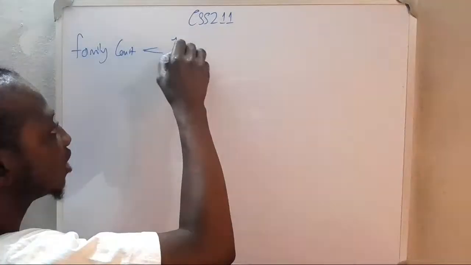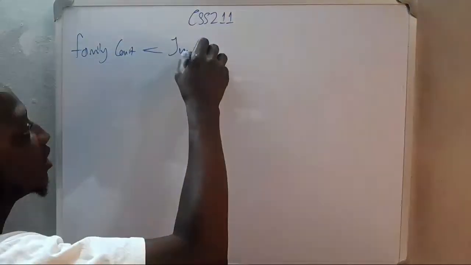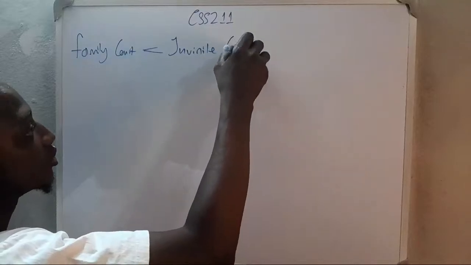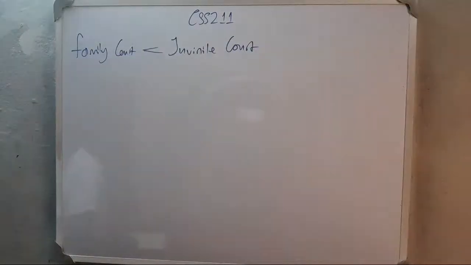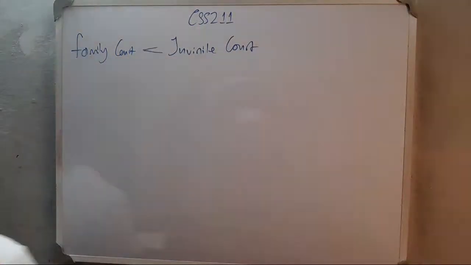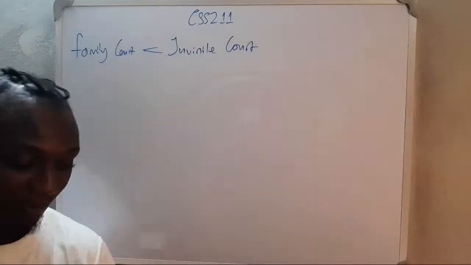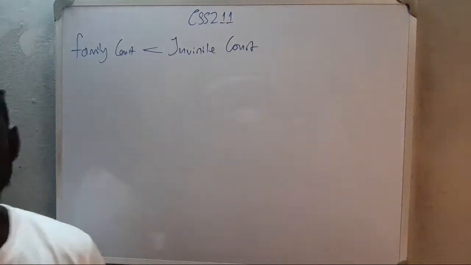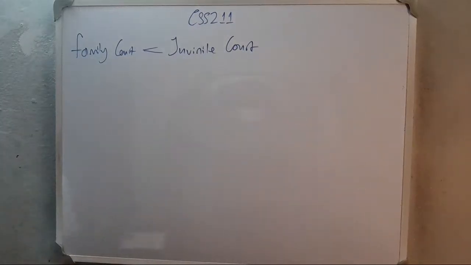Remember what we called juvenile in our previous class? An individual, a child, an individual below the age of 18 is seen as a juvenile legally.